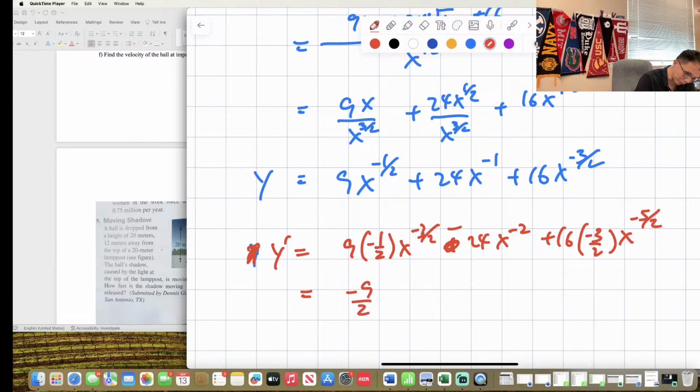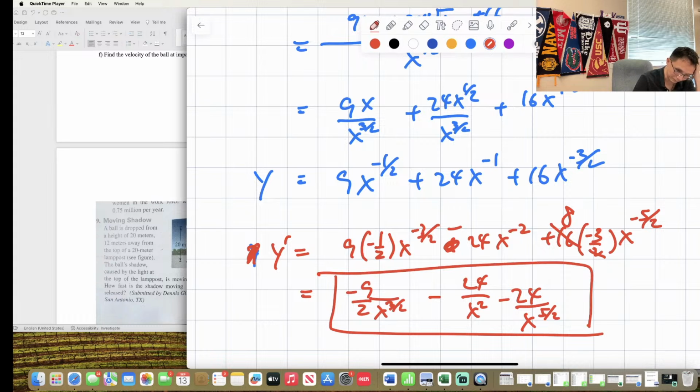Negative 9 over 2 x to the 3 over 2, minus 24x squared, minus 24 over x to the 5 over 2. Yeah, that's life.